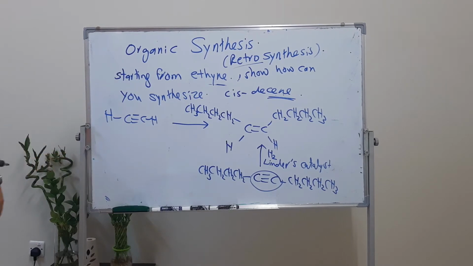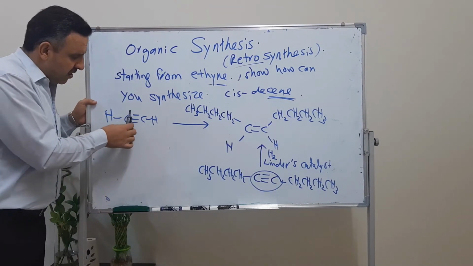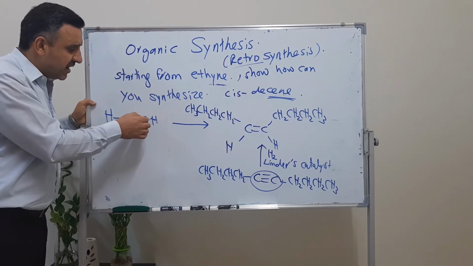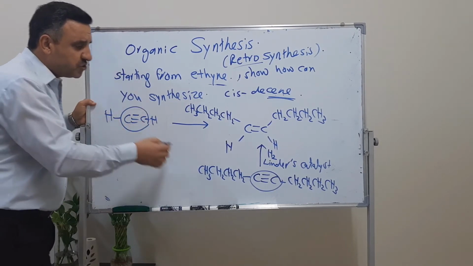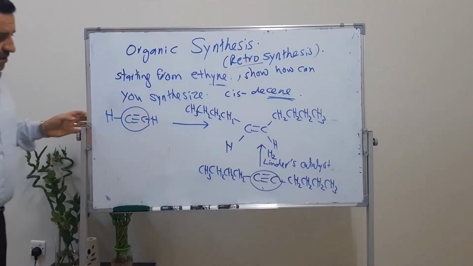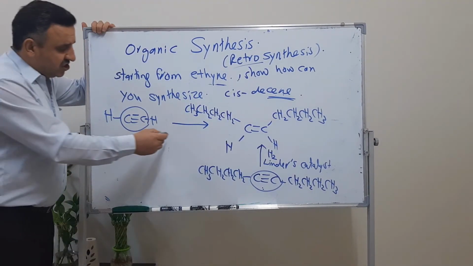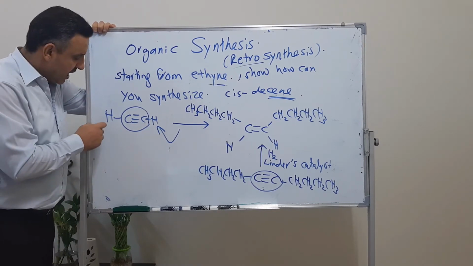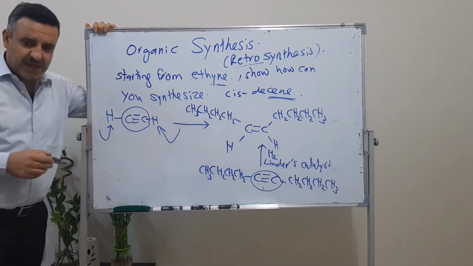Now here you can see this reaction, you can imagine it's a terminal alkyne, isn't it? It's like these two carbons are here. How can we introduce an alkyl group here? And how can we introduce an alkyl group here?